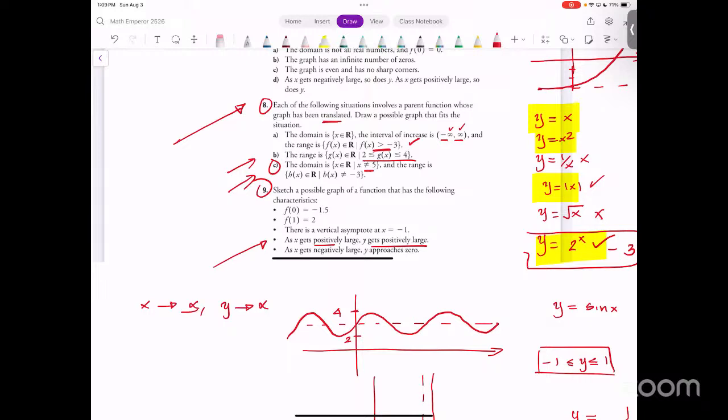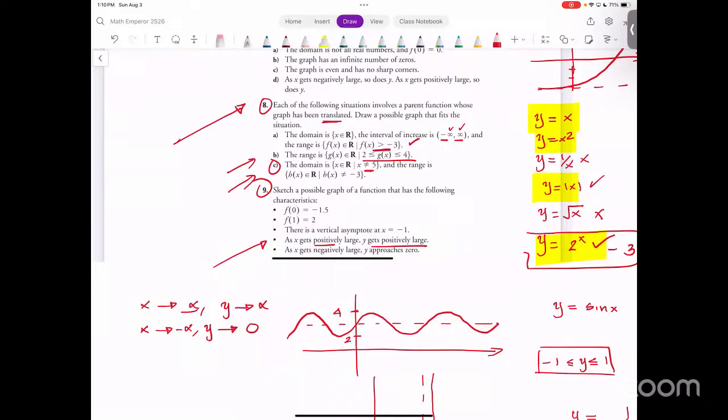Positively large means goes to infinity. And as x gets negatively large, y approaches 0. So you're tasked to sketch the graph that satisfies those conditions.